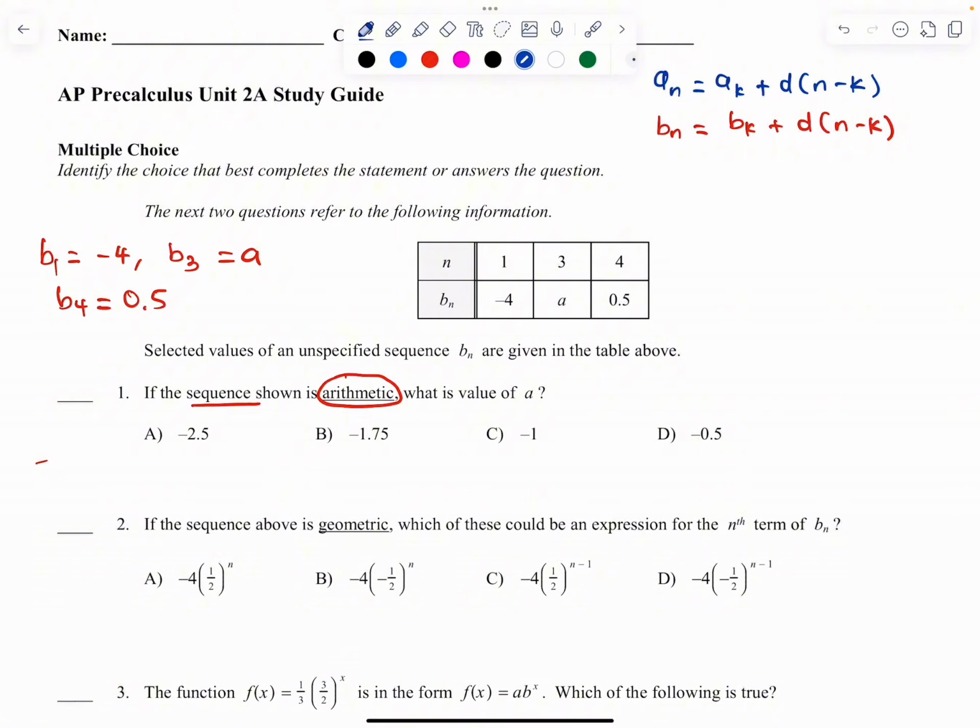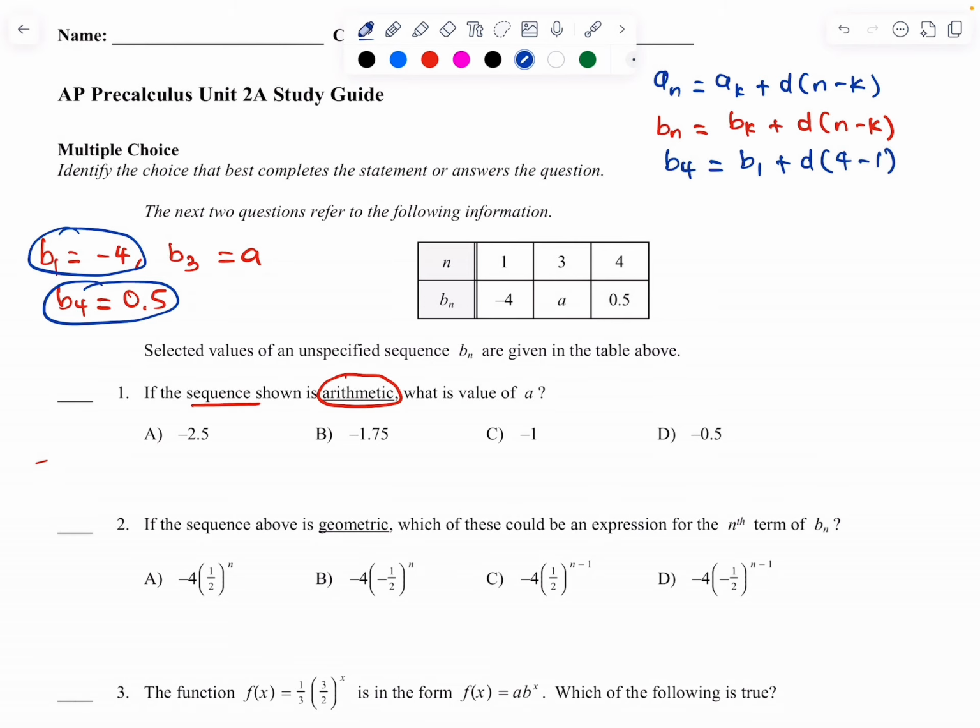Now I know two things that I could use to find a common difference: my B4 and my B1. My preference will be to put B4 outside, and then put B1 inside plus D. In this case, I know my n is 4 and my k is 1.